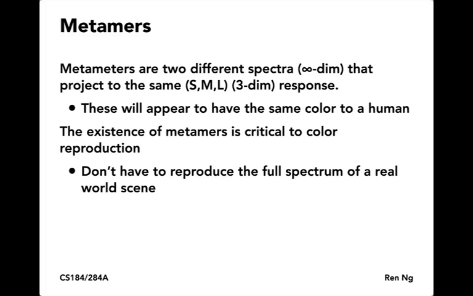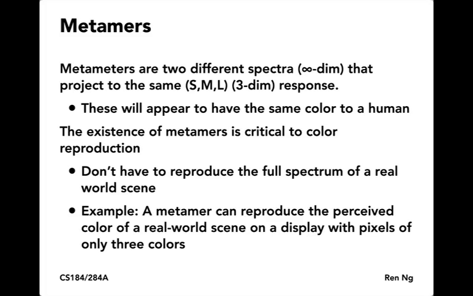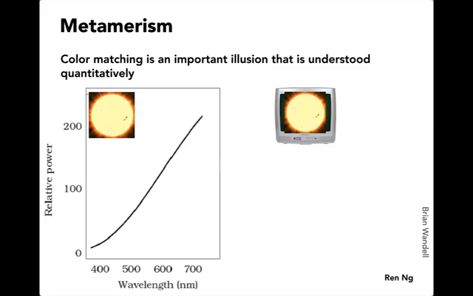We don't have to go into that damselfly scene and at every point reproduce in fine detail the spectral power distribution. What we need to do is find a metamer and produce a metamer for that spectral power distribution, and that will appear to a human observer to be exactly the same color. It's an illusion, and one that a human observer will be unable to tell the difference between. So what does it look like?